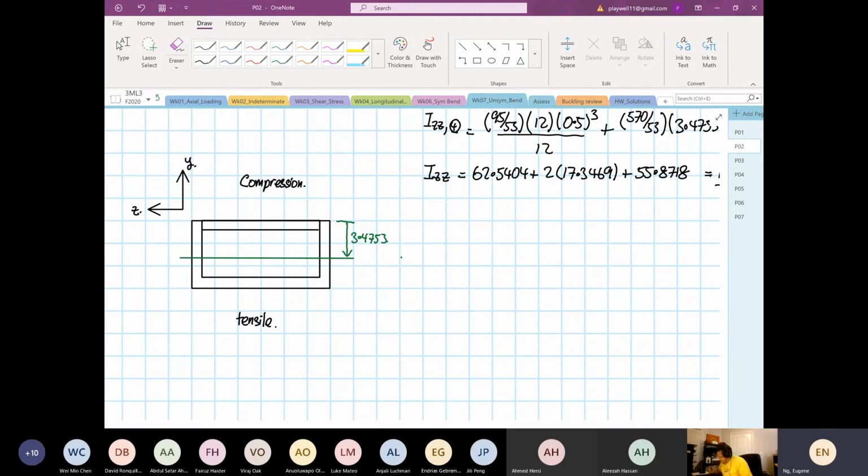The question asks, determine the maximum stresses. We know the maximum stress is always at the greatest distance away from the centroid. Over here is our centroid, and the distance from here to here is equal to 2.5247.